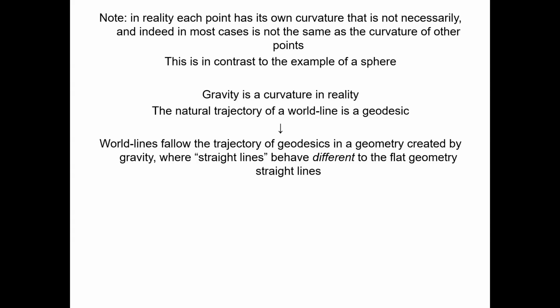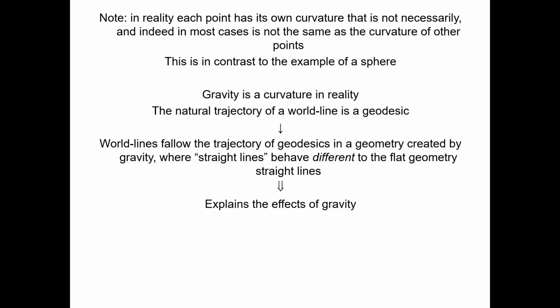Now, this geometry is a geometry where straight lines behave differently to the flat geometry straight lines. And this mechanism is the one that explains the effects of gravity. Gravity is just world lines behaving naturally, following geodesics in a curved geometry.